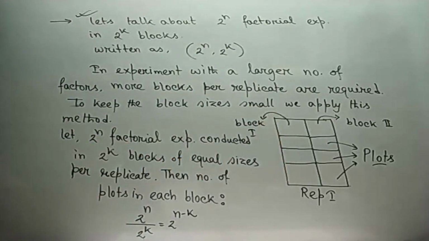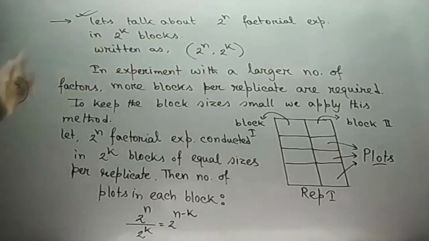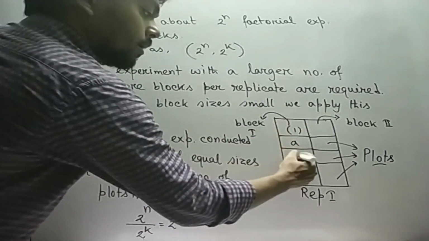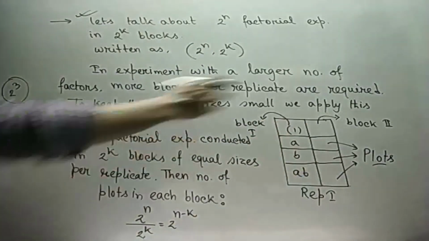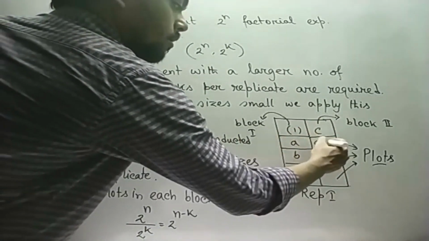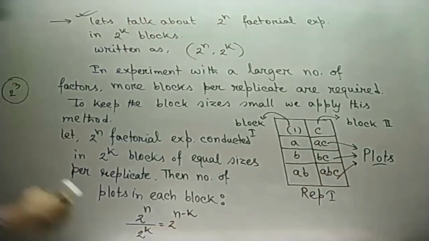Okay, so let's say we have 2 cube, so n equal to 3. Then one block can have 1, ab, and so on, and the other block can be like c, ac, bc, and abc.